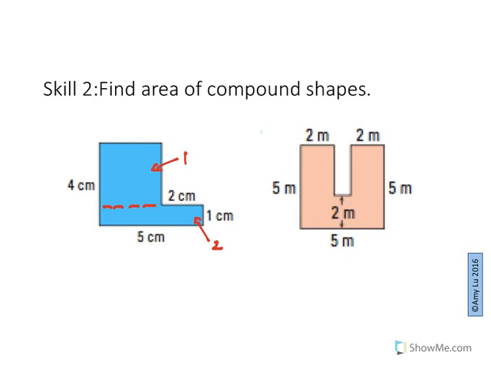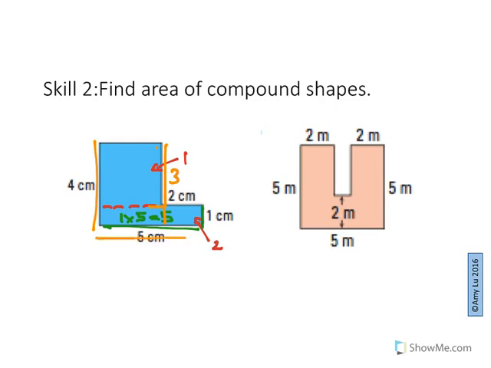So I'm going to go ahead and look for the area now. I know that this rectangle is 1 times 5, which gives me 5. And then I need to find out this rectangle right here. So if I know that this whole thing is 4 and this part is 1, that means this height is 3.